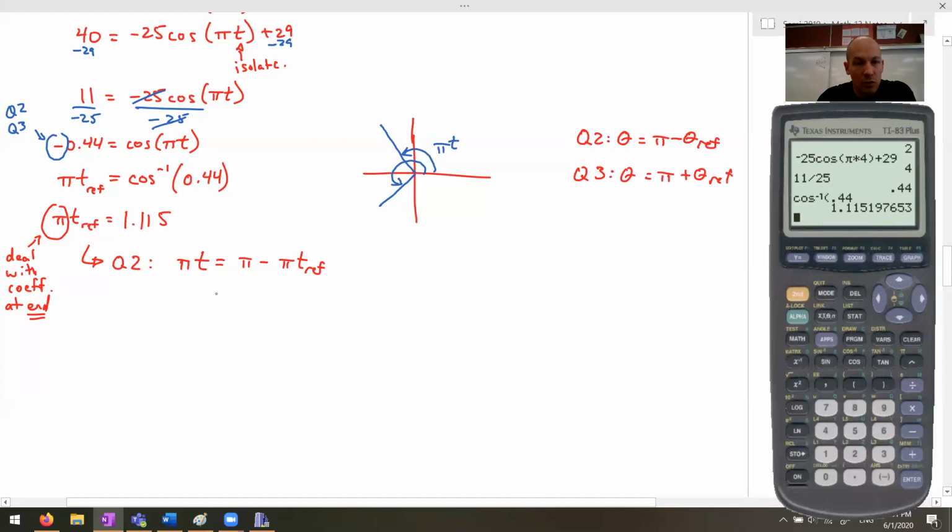So in quadrant 2, we're going to get pi minus 1.115, and I'll jump over to the calculator, so pi minus, and I'm just going to go answer. Okay, so that is 2.026.